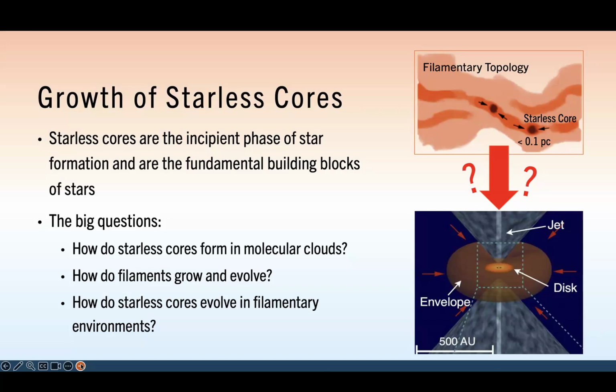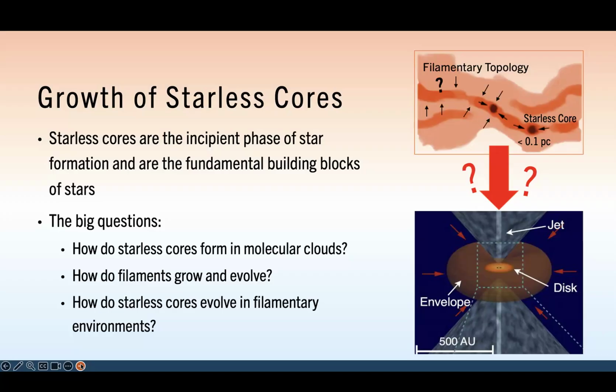We'd like to know this because currently the main idea is illustrated over here on the right. So we have these filaments with cores inside of them, and we think that gas flows along these filaments to accrete onto the cores, and eventually through some somewhat debated processes end up with a protostar that may have a disk, an envelope around it, and jets.